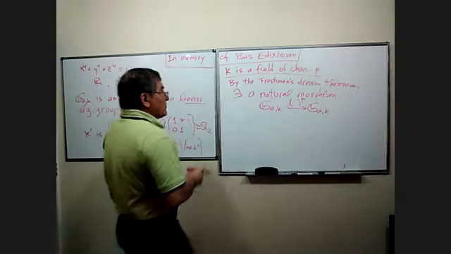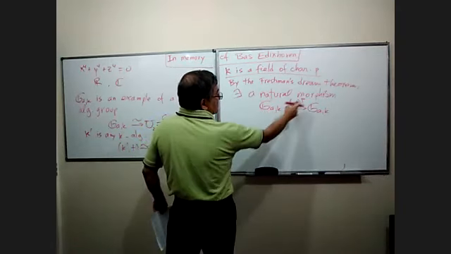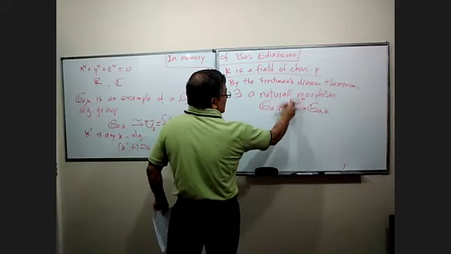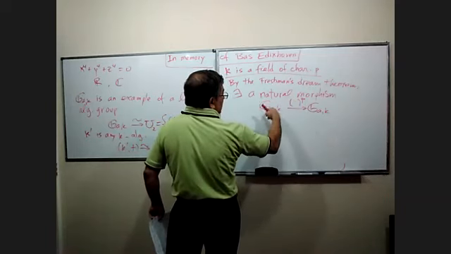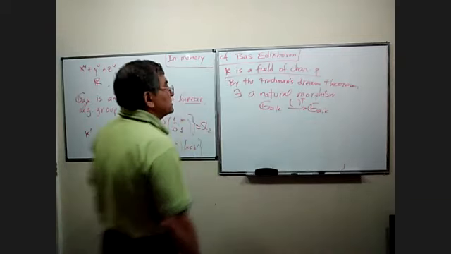Why is it a morphism? Because of the formula: if you take a sum and raise it to the p power, it is the same as raising each summand to the p power and adding them up. So this is a natural morphism because of that theorem.